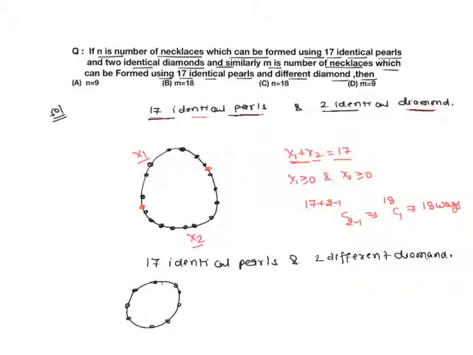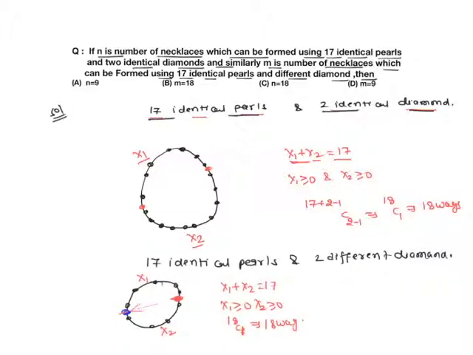If we put 2 different diamonds, so one is blue, other is red. So this divides these pearls into 2 parts, x1 and x2. So x1 plus x2 we can say 17, where x1 is greater than or equal to 0 and x2 is greater than or equal to 0. So from there we will get 18C1, that is 18 ways.